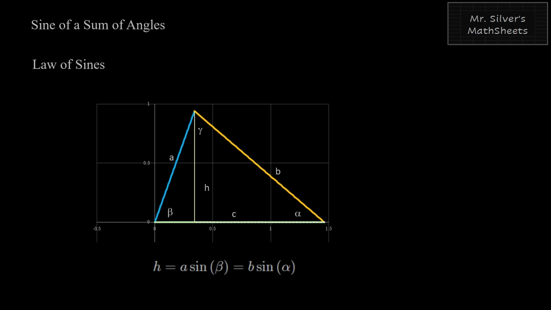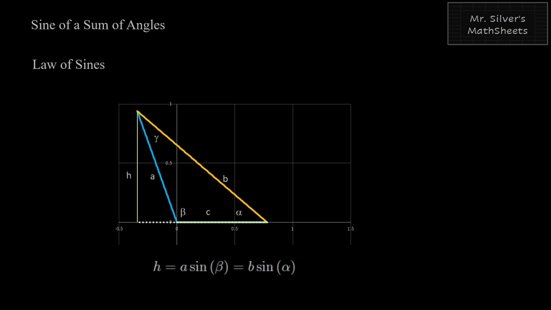Now, there are 2 ways to calculate H. H could be A times sine of beta on the left, or it could be B times sine of alpha, which is on the right. Both of them have to give you the same answer, so they have to be the same.